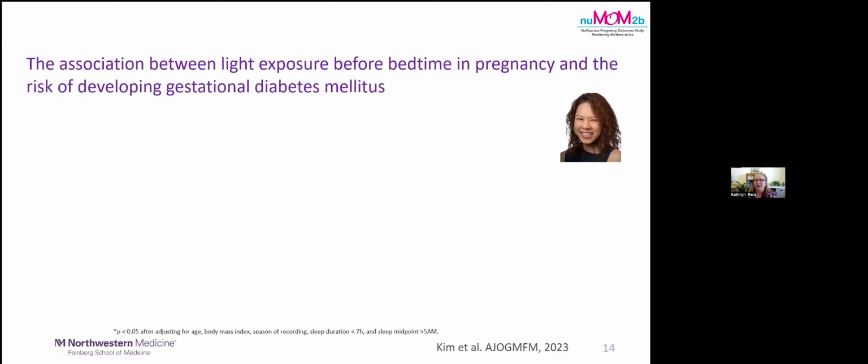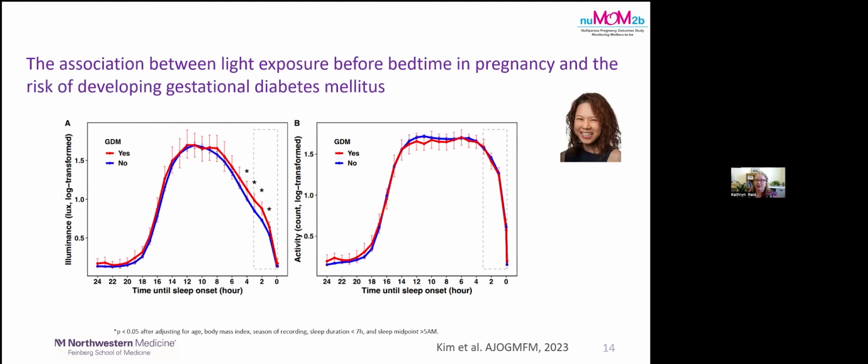So the study where we looked at light in pregnancy and the risk of developing gestational diabetes was led by Minji Kim, a physician here at Northwestern. And in that study, we looked at light exposure, which is indicated here, relative to time of sleep onset. So 0 here is when someone fell asleep, and then 24 hours before. And this is light exposure.